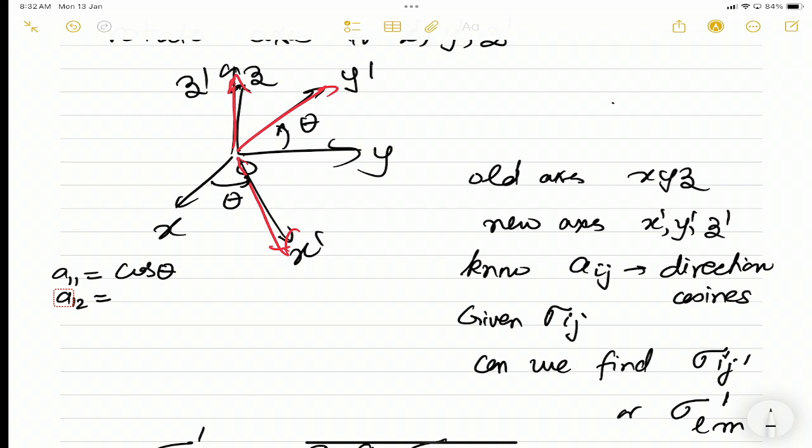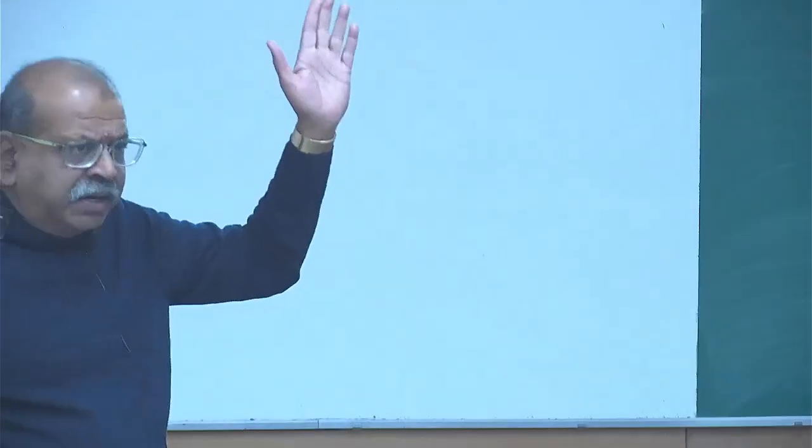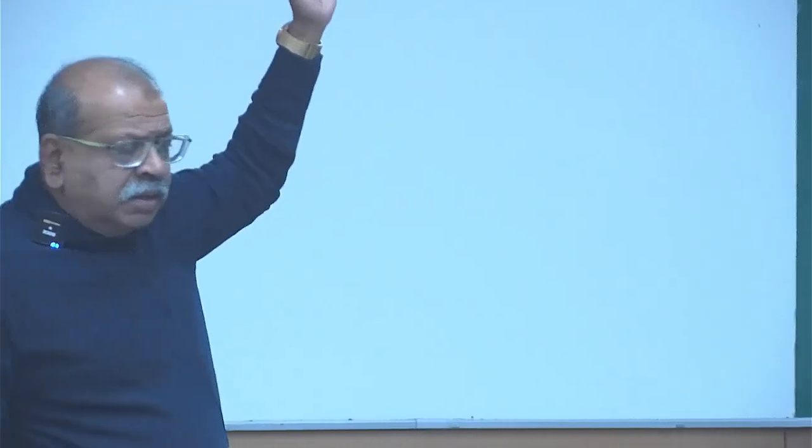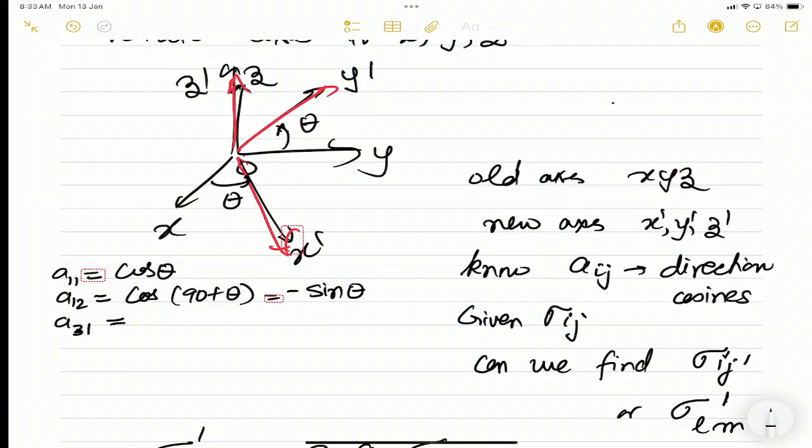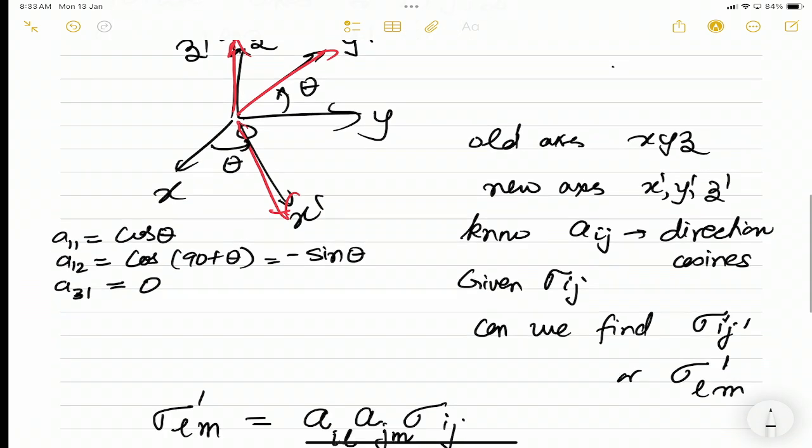So what is the angle between x and y prime? 90 plus theta. So this will be equal to cosine of 90 plus theta. What is A31? Cosine of the angle between the old z and 1 prime. What is that? 0, because this angle is 90 degrees.